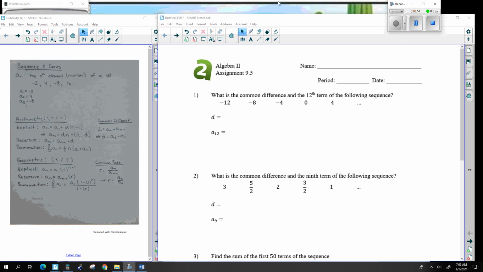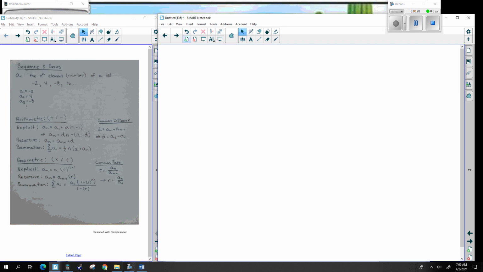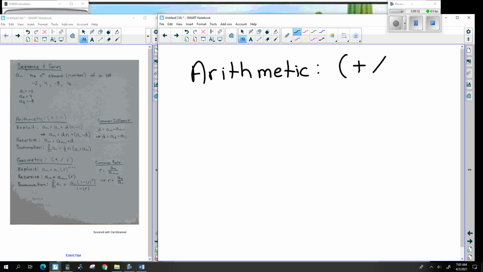So what we've talked about in the last couple lessons is we introduced ourselves to the arithmetic sequence. That is when you add or subtract to get to the next number, to the next number, to the next number.